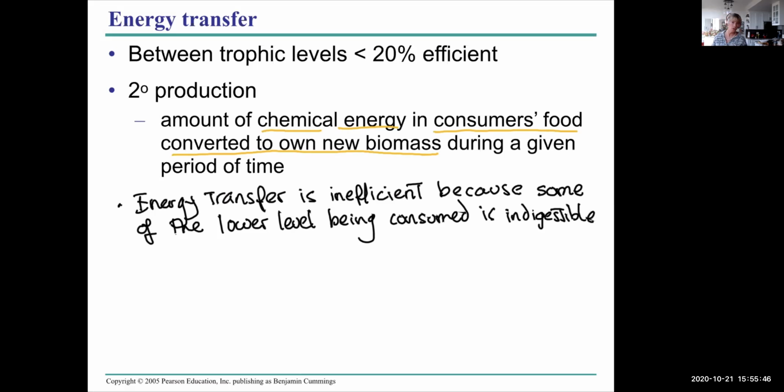Like in plant cellulose, for example, we can't digest that. A lot of animals can't digest cellulose, so it just simply goes through the system and gets pooped out. It's indigestible and pooped. That is the technical word, pooped out.